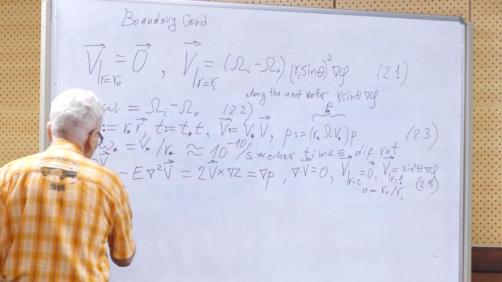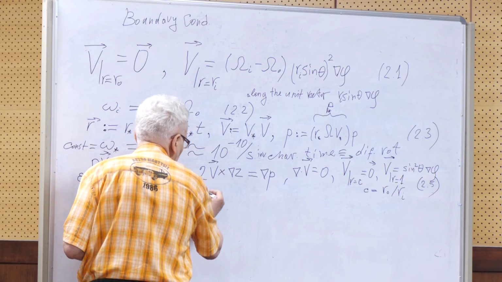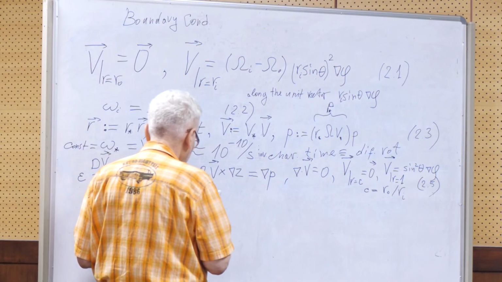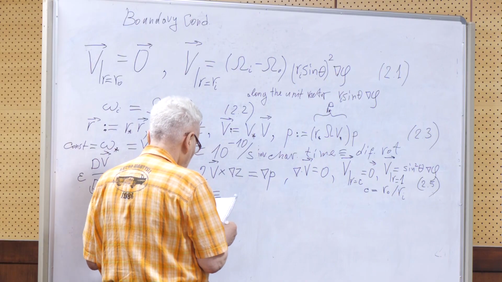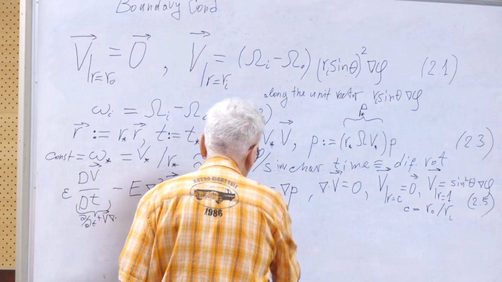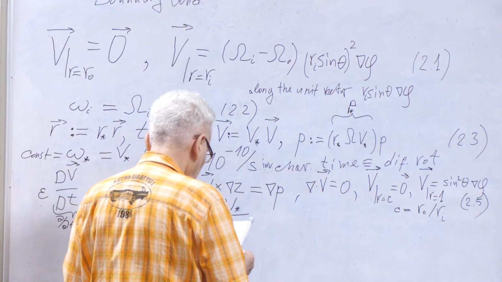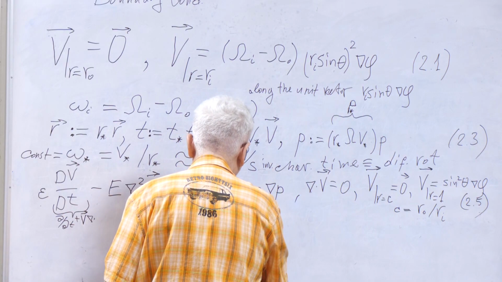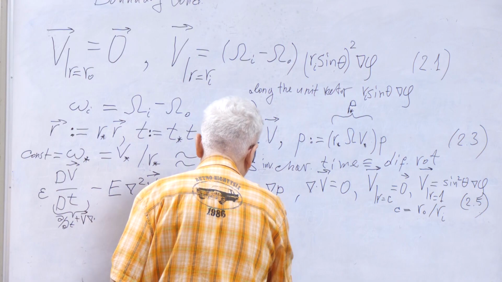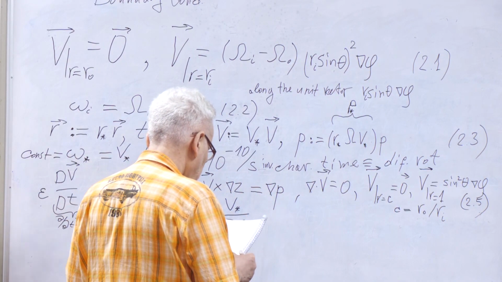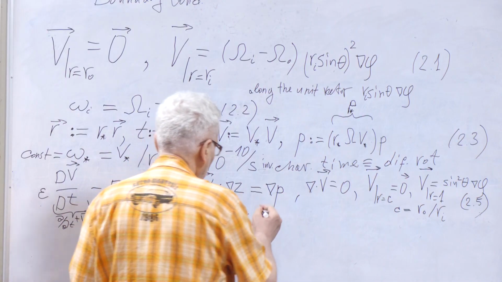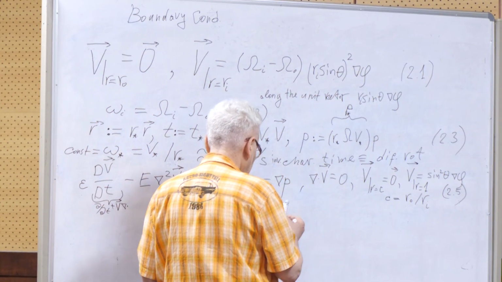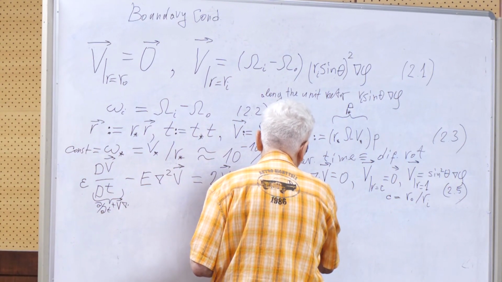So epsilon in our case, by definition, is equal to v star divided by omega r star, and we can also estimate it in the same way using another variable.